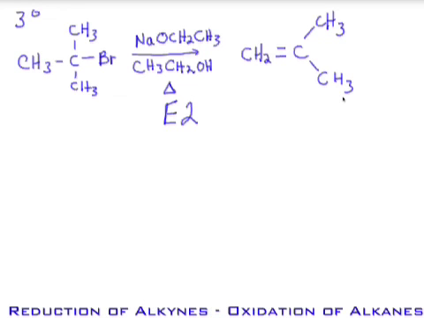Excellent. Now there are other ways of preparing alkenes. For example, I can carry out reduction of alkynes. Now we're going to look at this more closely later, so I'm going to just very quickly give you the reaction and leave it at that.